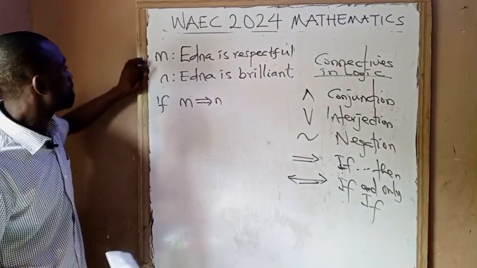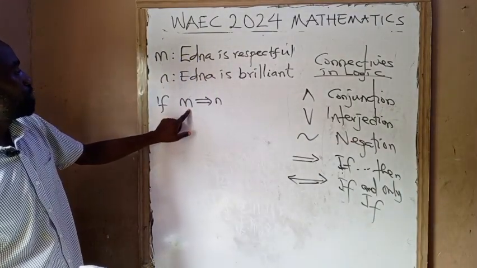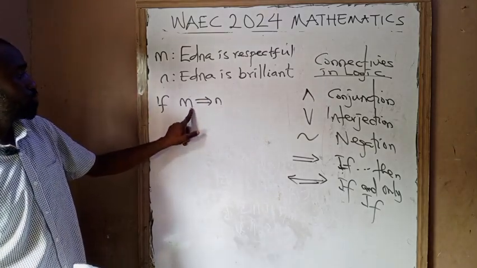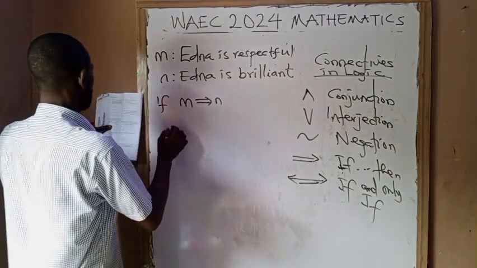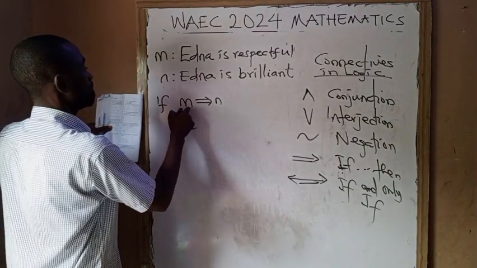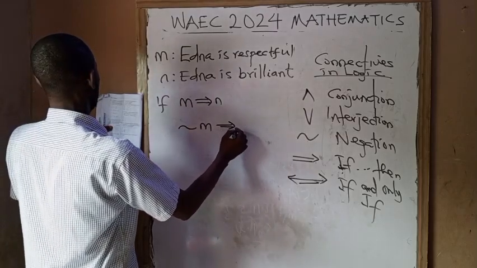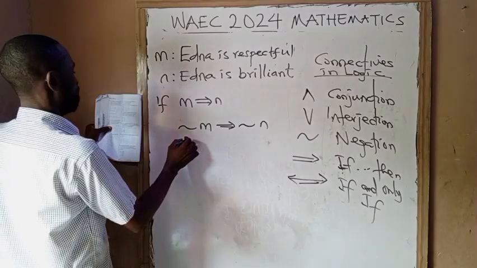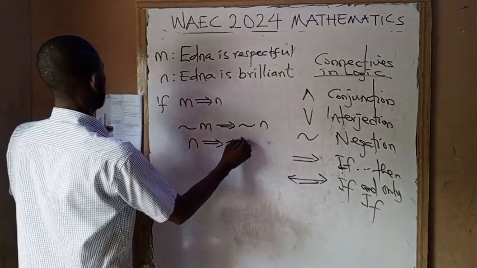So look at this. It means if Edna is respectful, then she's brilliant. But here we have the option: respectful implies not brilliant.